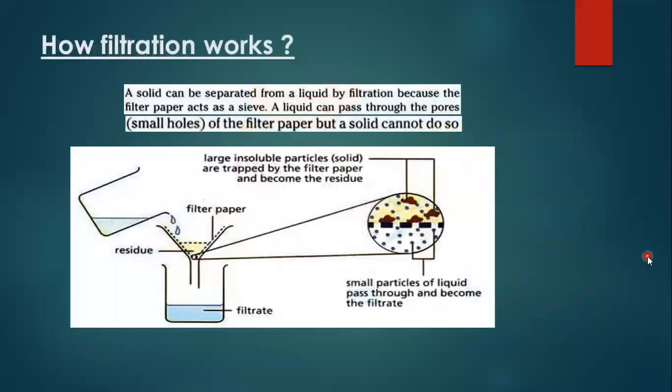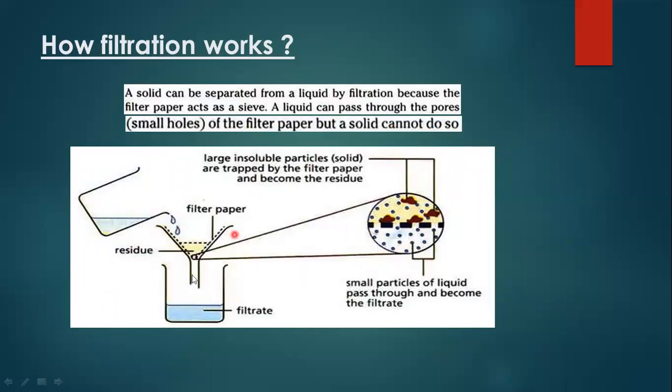Next we will further see how filtration works. As we discussed earlier, a solid can be separated from a liquid by filtration because the filter paper acts as a sieve. A liquid can pass through the pores, pores meaning the small holes on the filter paper, but the solid cannot.